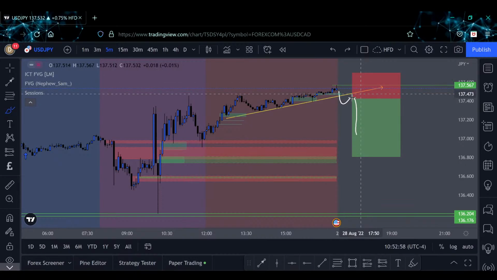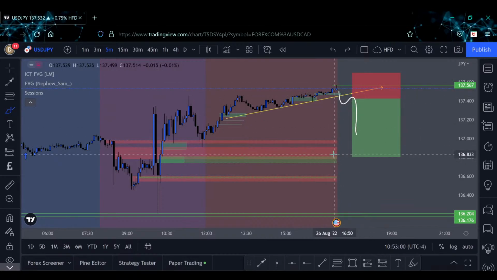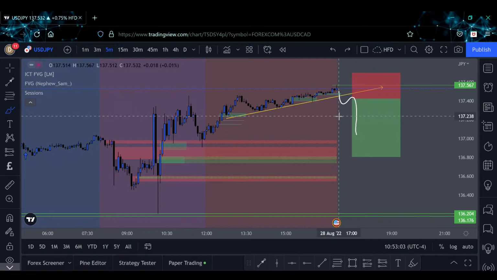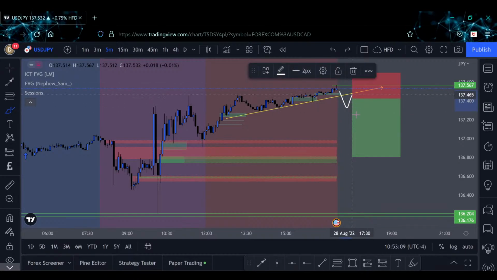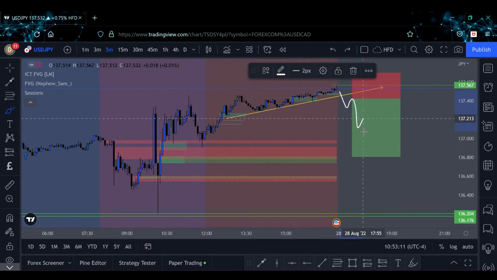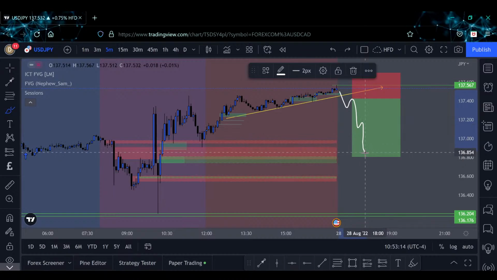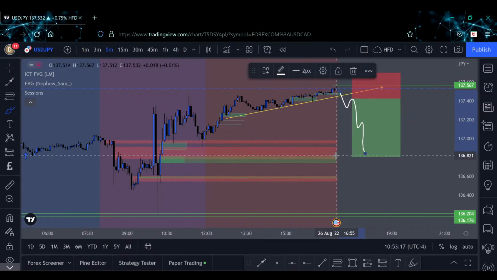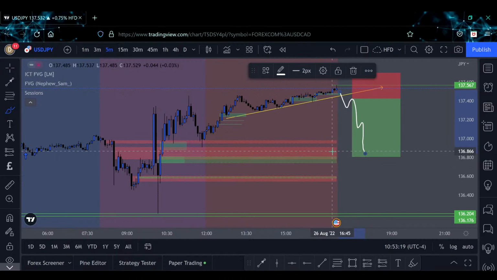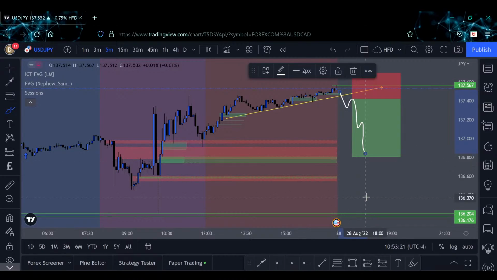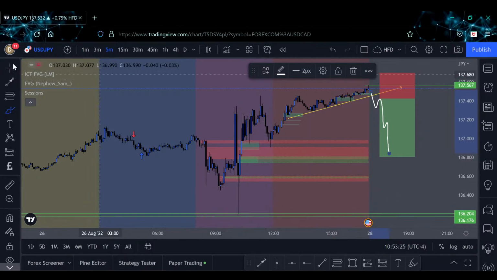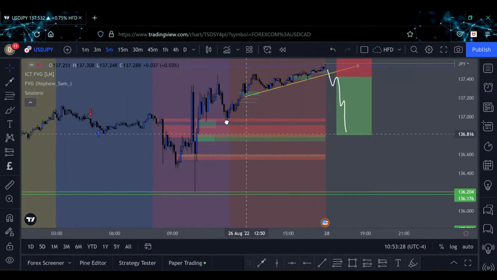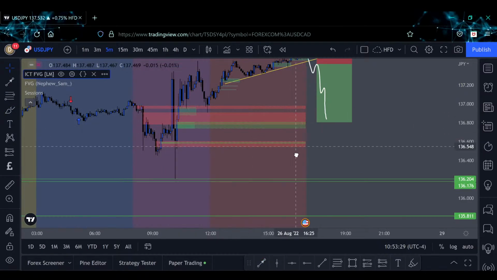Might not even retest, might just break, continue down. Something like this. And then the fair value. Could possibly be targeting this wick as well. I'll leave that here.